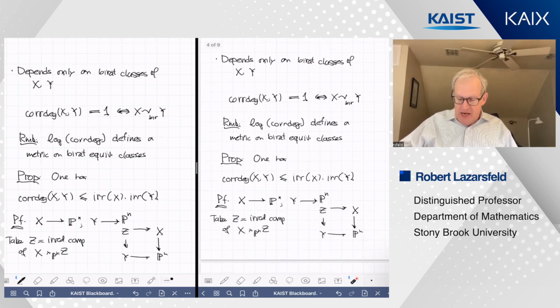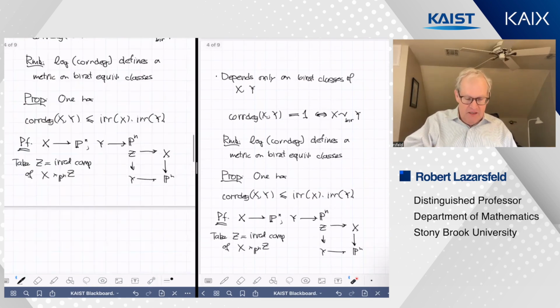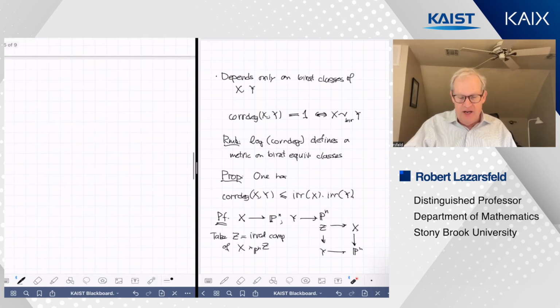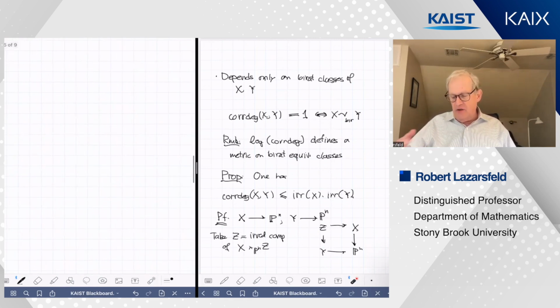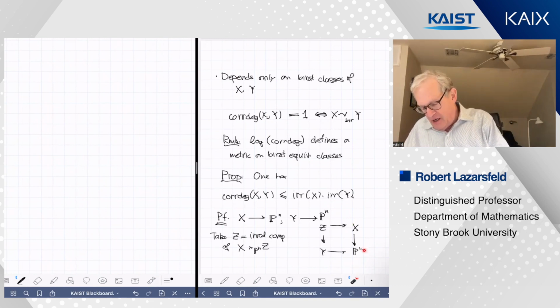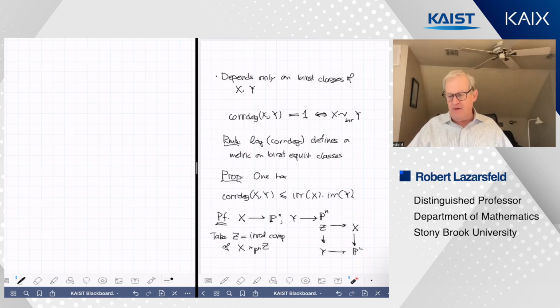Okay, but now, here's the intuition for this invariant. If I have two varieties, I can always get these kind of dumb correspondences by taking, I map X to Pn, I map Y to Pn, and then I can always take Z to be the fiber product.